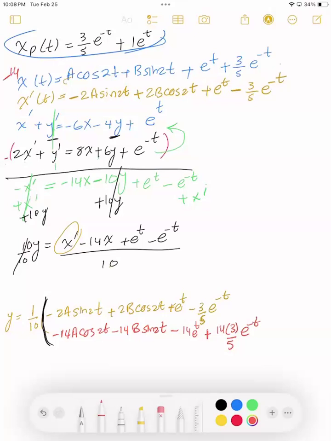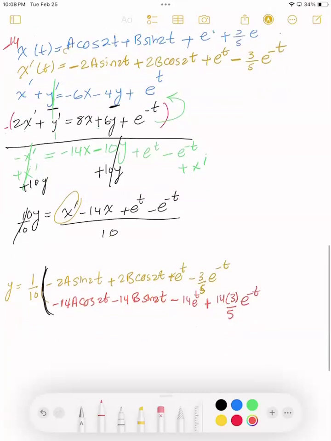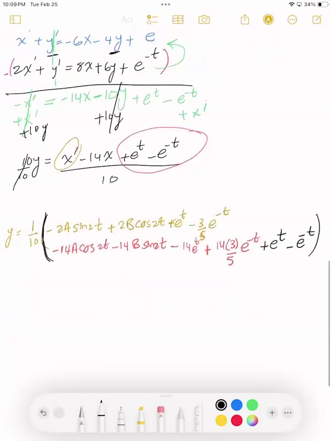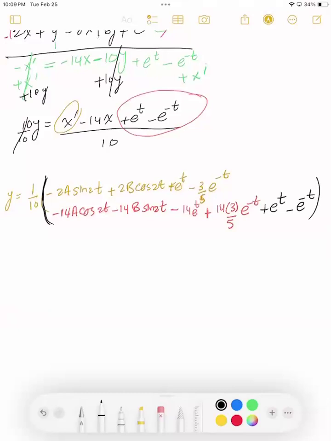And then what else do we have? We also have these two guys: positive e to the power t and negative e to the power negative t. And everything gets combined like terms, and at last we multiply by 1/10. So let's see what we have.